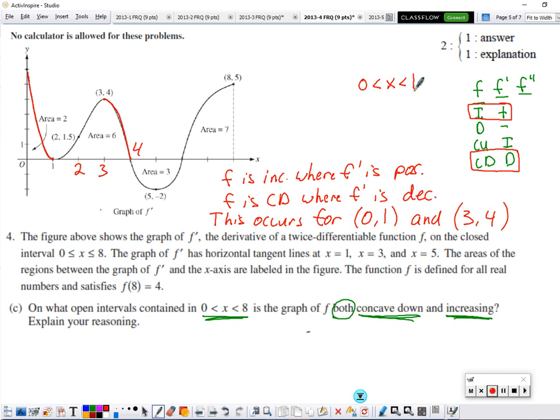They would never say concave down, including 1. That's just the strict mathematical definition. The endpoint is a bit iffy. So the safest thing to do is just always use open intervals. But I think they'll be forgiving because it's a strict technicality they're not too concerned about.